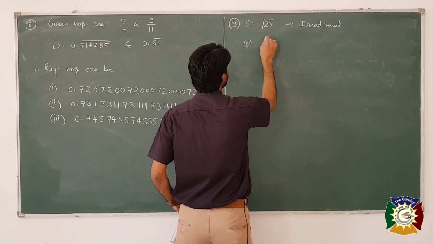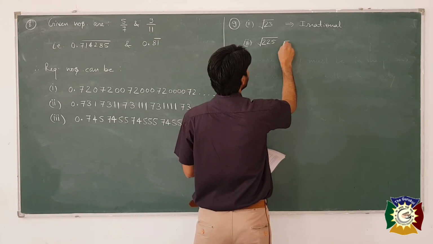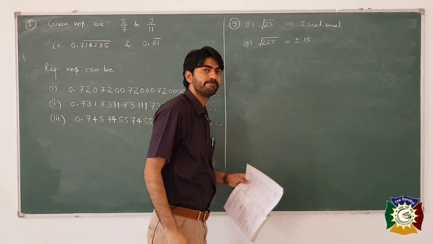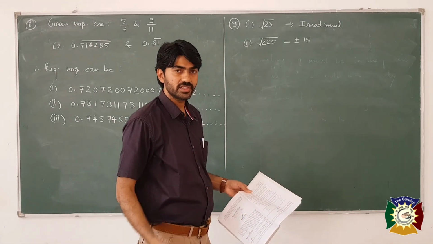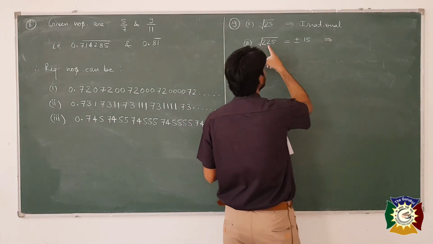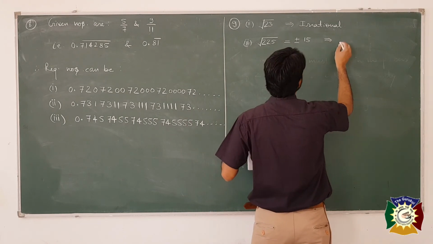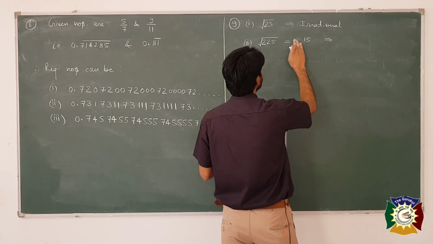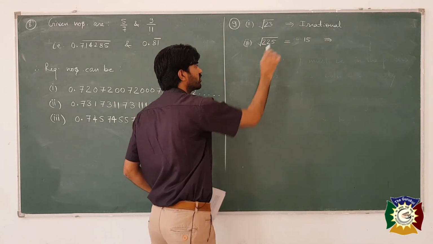Then second part we have square root of 225. Now we know that the square root of 225 is plus minus 15. So 15 is not irrational, it is rational. So it is a rational number. This was a perfect square number. So the square root of a perfect square number is rational, and no need to put positive and negative, because this symbol represents only the positive root.